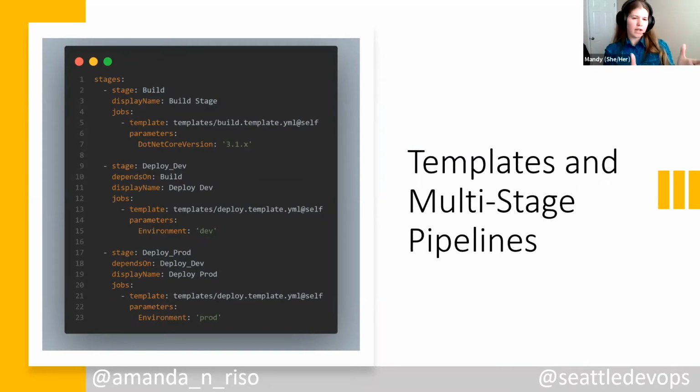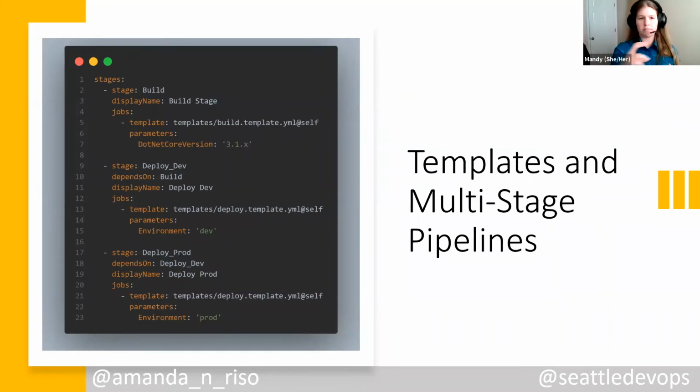So we're going to do a quick little overview of this. Like my previous caveat, I don't have the entire pipeline definition listed. There is a little bit of work up above that I have excluded because I really wanted to focus on this template and multi-stage pipeline. So what I really want you to pay attention to is line 5.